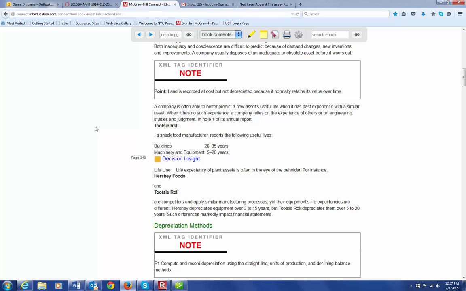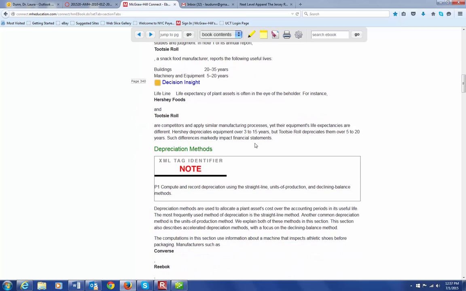Obviously, if you've had experience with that kind of equipment before, you have a better chance of more closely estimating its useful life. So, Tootsie Roll Company, they have their buildings having useful lives of 20 to 35 years. Their machinery and equipment is 5 to 20 years, depending on what it is.